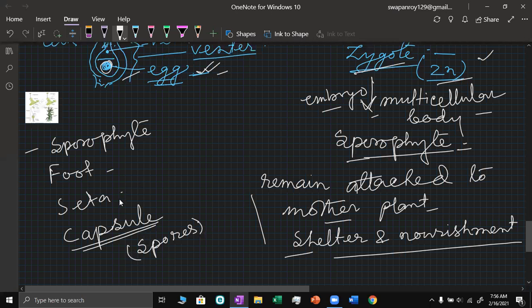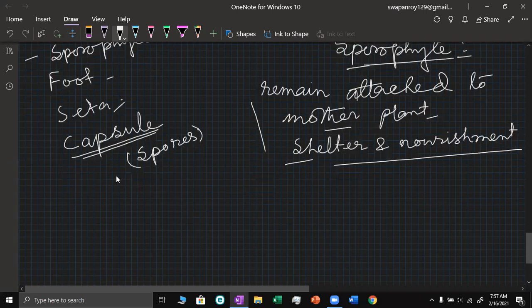In some cases, the seta may be absent or very long, but in general it is divided into these three parts.